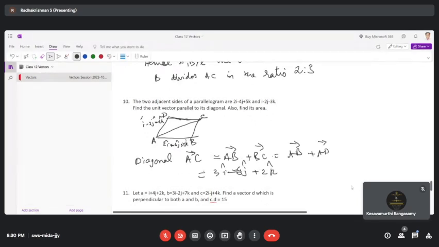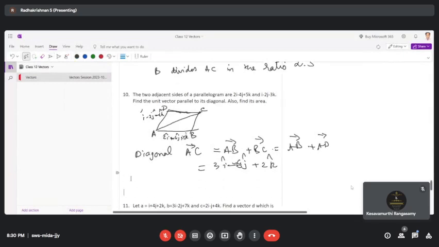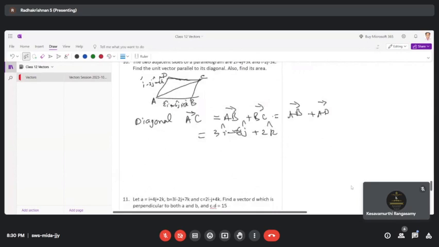Unit vector parallel to its diagonal. So what is the unit vector parallel to the diagonal? It means you have to simply divide by its magnitude. 9, 45, 49. So you simply divide by 7, unit vector.